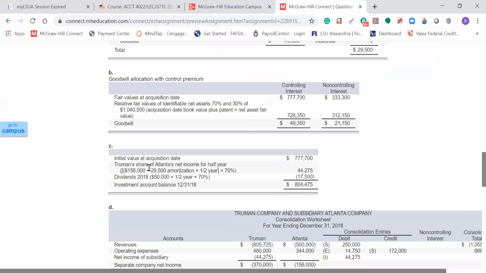C is calculated as, again, the initial value, plus Truman's share of Atlanta's income for half of the year, minus the amortization, minus dividends for half the year at 70%, to give us the investment.